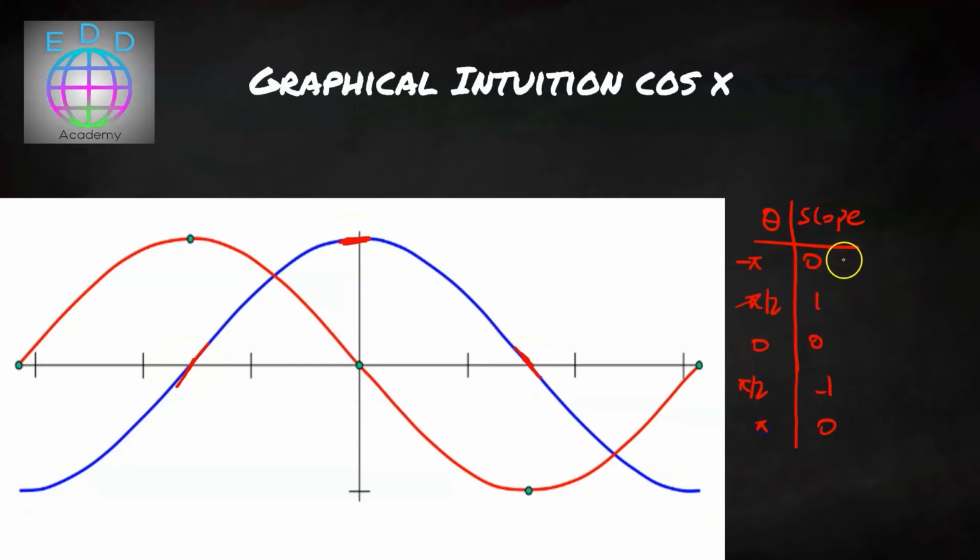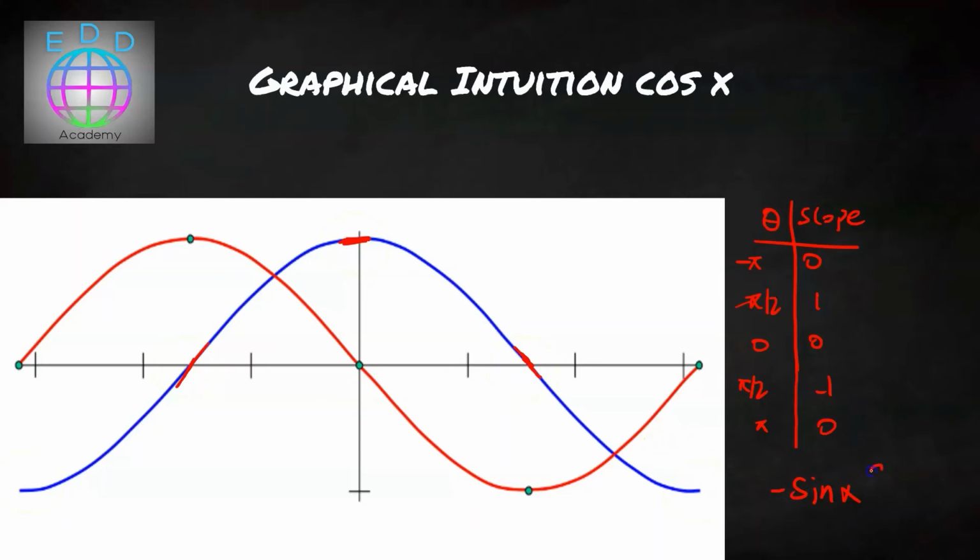So once again, we will look at these values here and try to determine the function that is the derivative of cosine x. And these data values correlate to the function negative sine x, as I have graphed as the red function here.